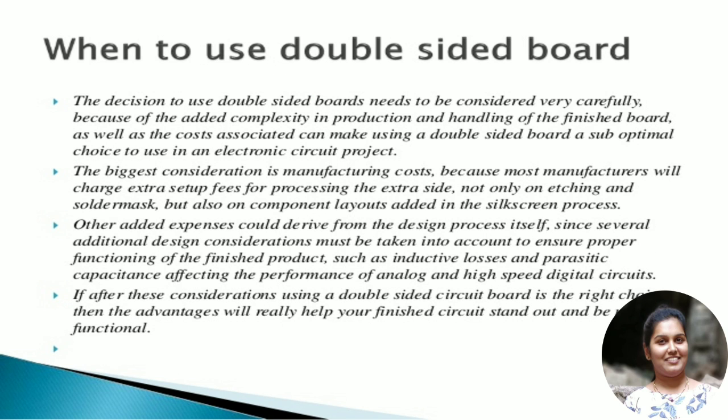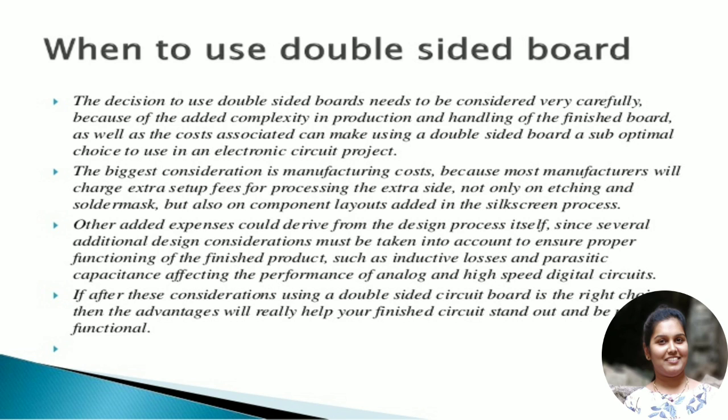So coming to when to use double-sided PCBs. The decision to use double-sided needs to be considered very carefully because of the added complexity in production, as well as handling of the finished board, as well as cost constraints, which can make a double-sided PCB a suboptimal choice in an electronic circuit project.